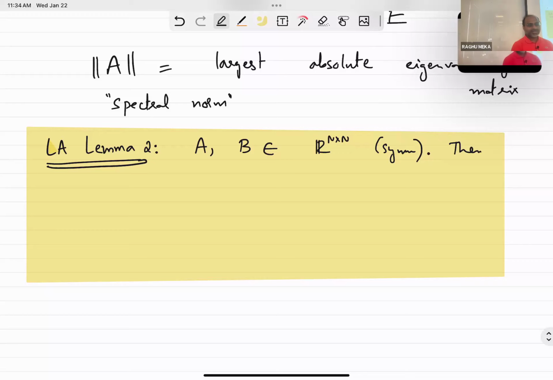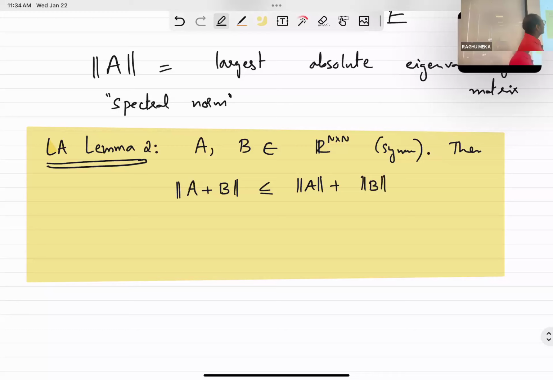Well, if it is a norm, we need to have the triangle inequality. The norm of A plus B is at most the norm of A plus the norm of B. Okay, so it's saying the largest absolute eigenvalue of the sum of two matrices is at most the sum of the largest absolute values of A and B. It requires a proof, but it can be done.